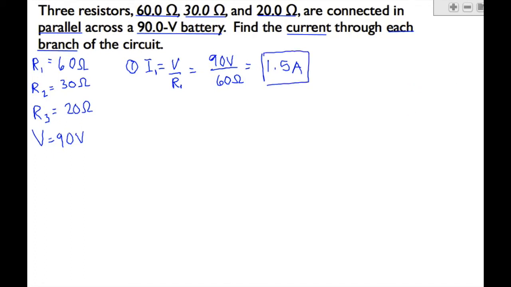Now, if we want to go to the second one, we will have our voltage divided by our second resistor. The voltage is still 90, and the second resistor is 30. So we end up with 3 amps.